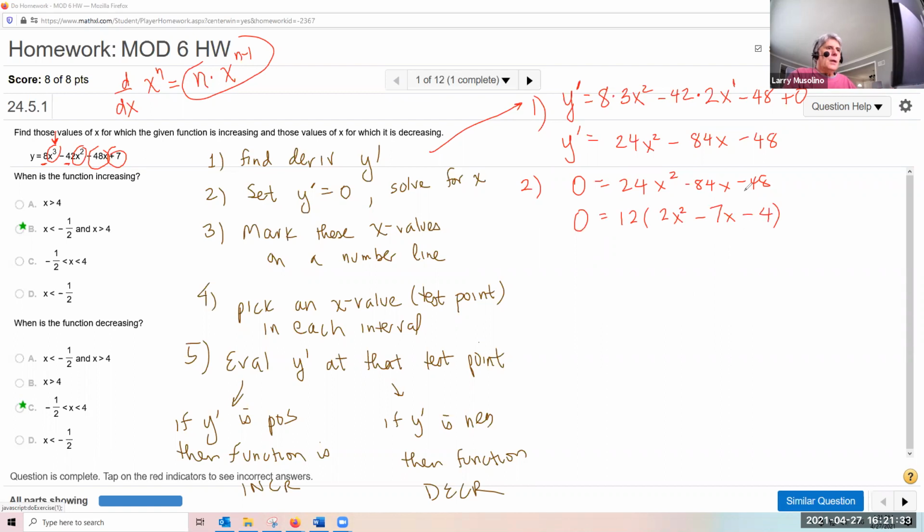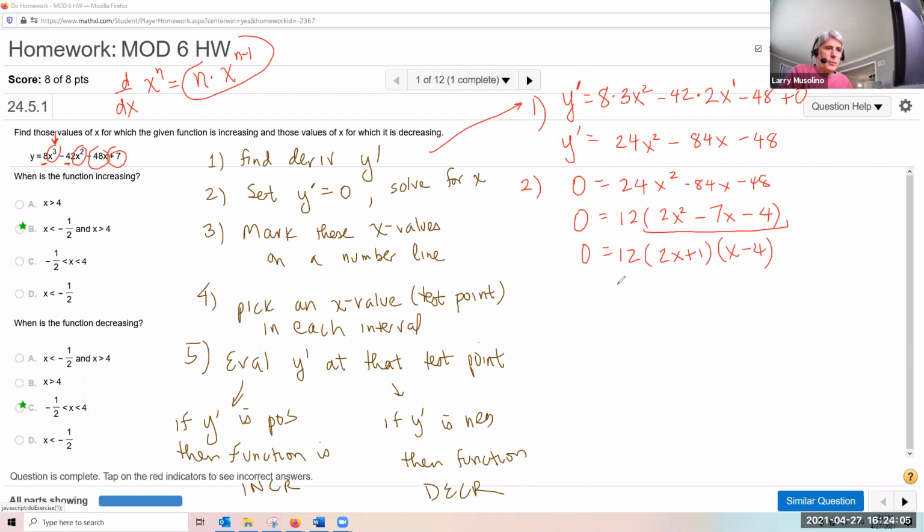I'm going to keep going and factor what's remaining. I think that can factor as (2x plus 1)(x minus 4).